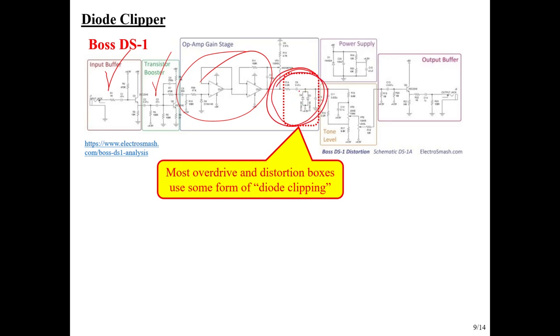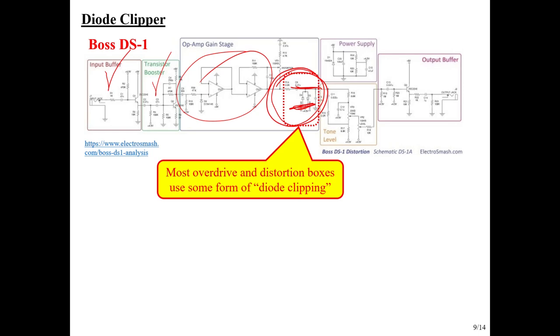There's two back-to-back parallel diodes there, and that's what's called a diode clipper. If you think about what's going on with the diodes, the voltage across that pair of diodes can never exceed that threshold voltage of a diode. So whether it be 0.6, 0.7-ish for silicon or something lower for germanium, that's the idea.